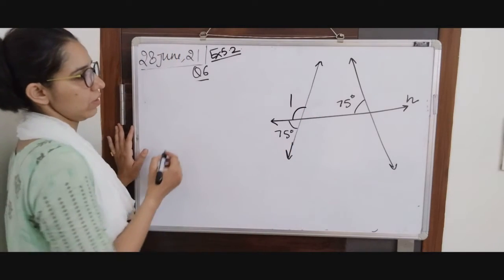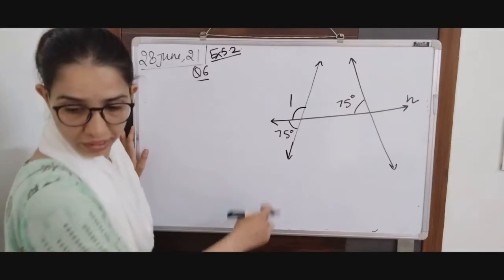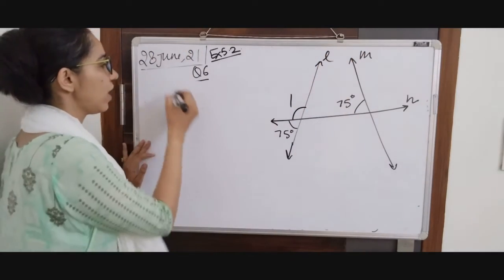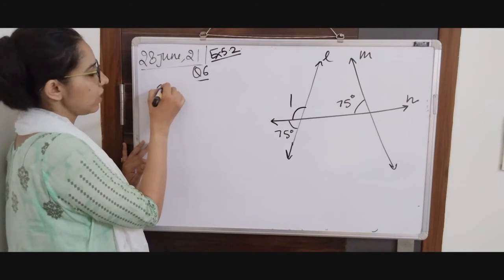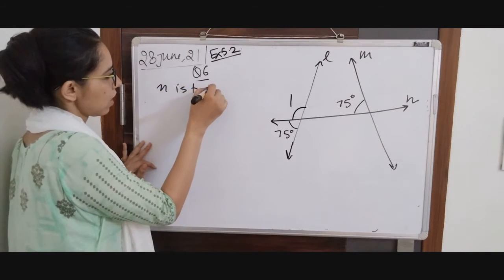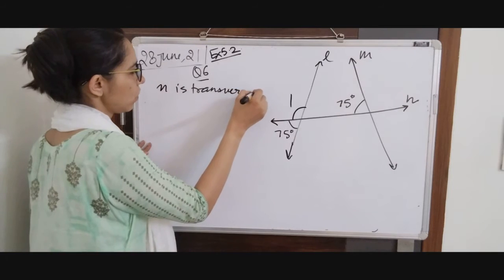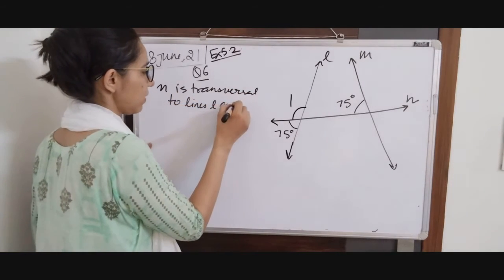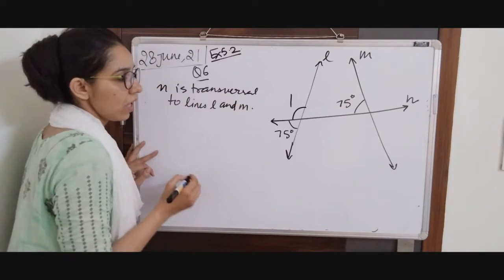So angle 1, this is going to be line L and this is going to be line L. Now M is transversal to lines L and M. This is true.